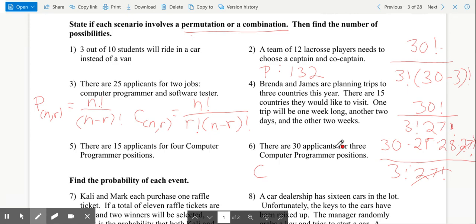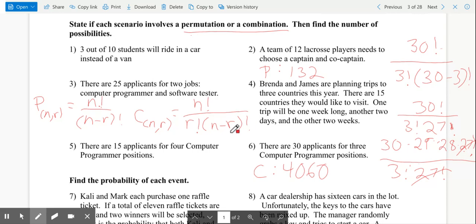So that's 30 times 29 times 28 divided by 3 times 2, which is 6. Technically 3 times 2 times 1, but multiplying by 1 doesn't do anything. So I have 30 times 29, I'm putting it in a calculator, times 28 divided by 6, which is 4,060.